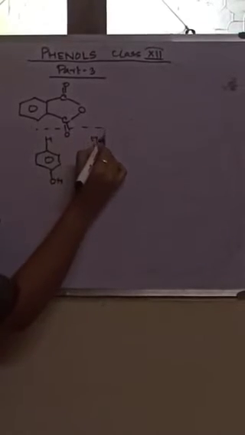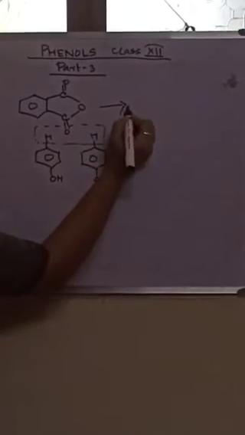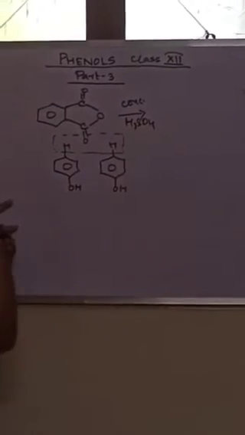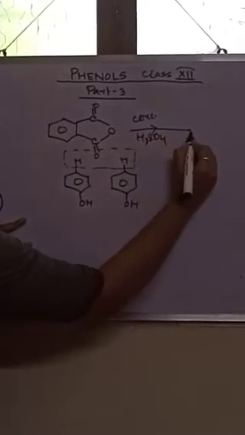When phenol gets condensed with phthalic anhydride in presence of concentrated H2SO4, we will get phenolphthalein.